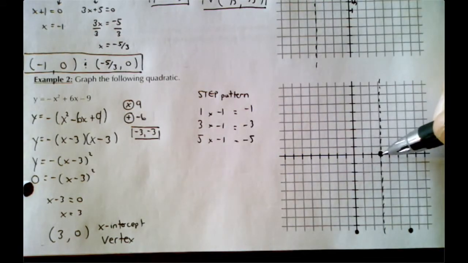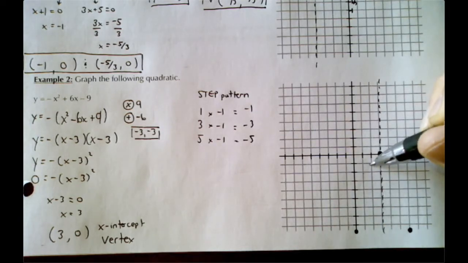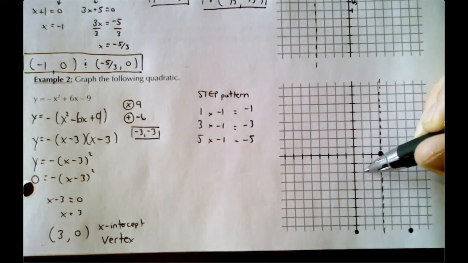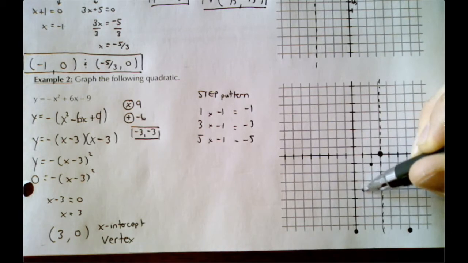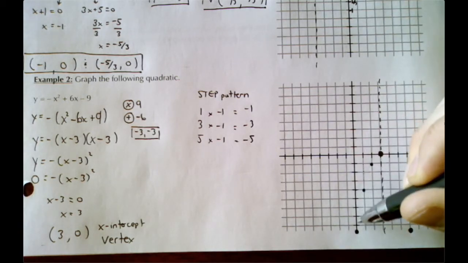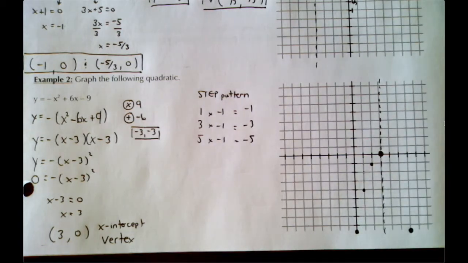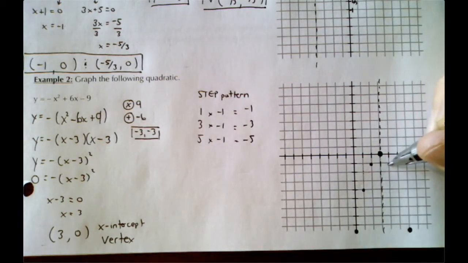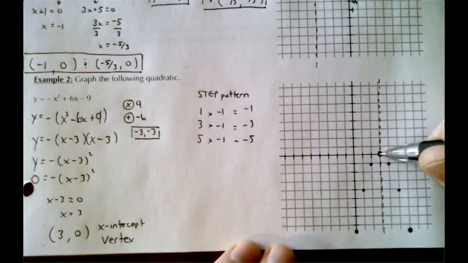So from here, over 1, down 1, over 1, down 1, 2, 3, and now over 1, down 5 should get us over 1, 1, 2, 3, 4, 5, to our last point. We can use symmetry to get the rest. And now you've got a nice parabola.